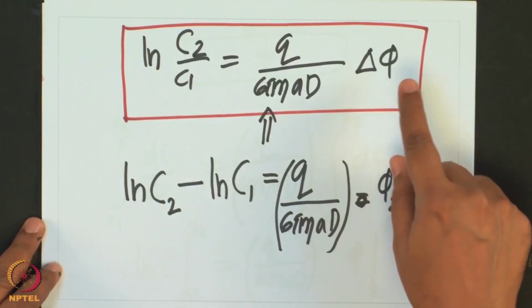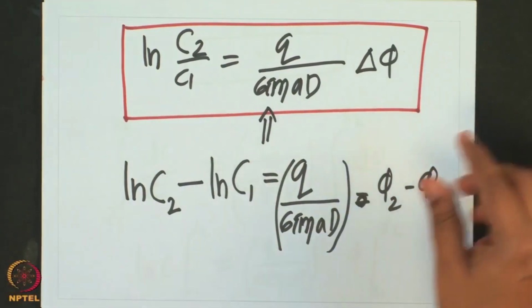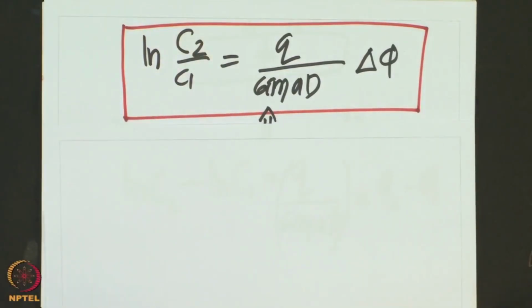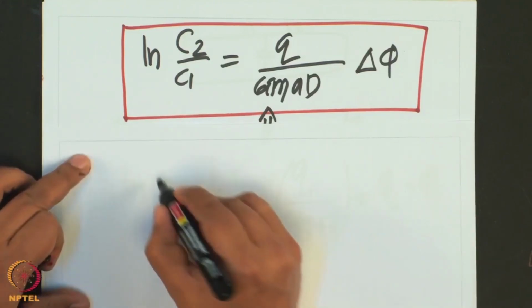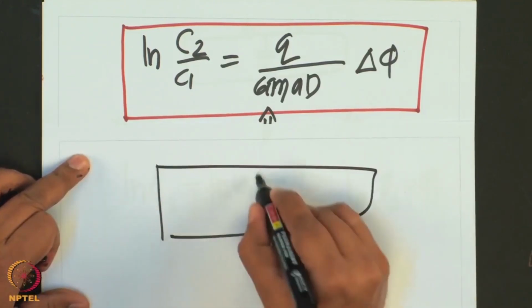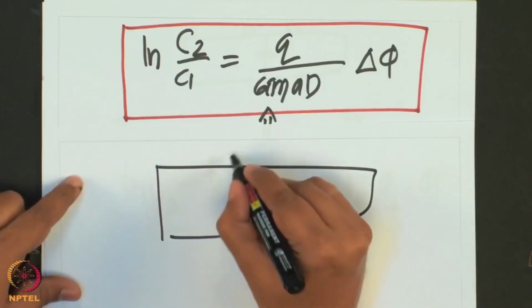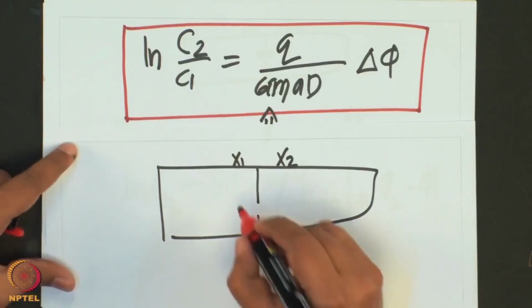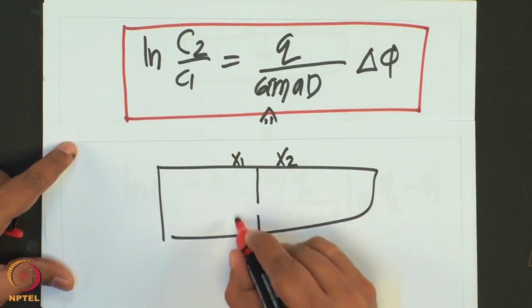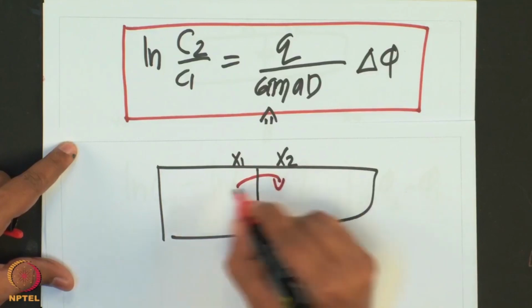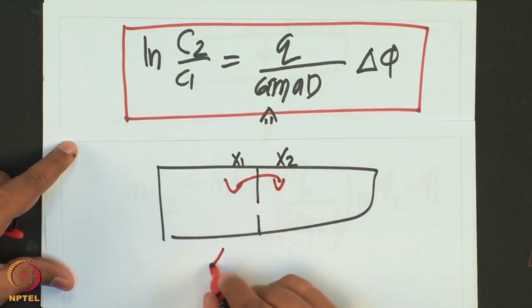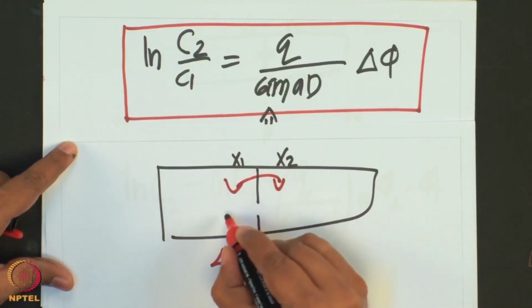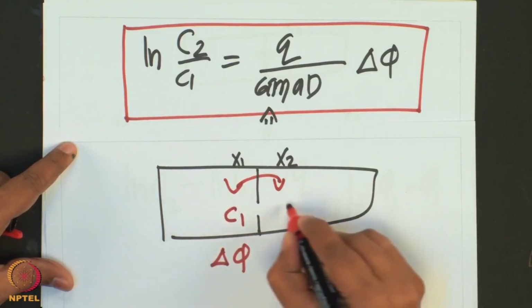So, we have two sides of the chamber. If I call these x1 and x2, and there are ions on these sides, the potential difference across this is delta phi, and the concentrations are C1 and C2.